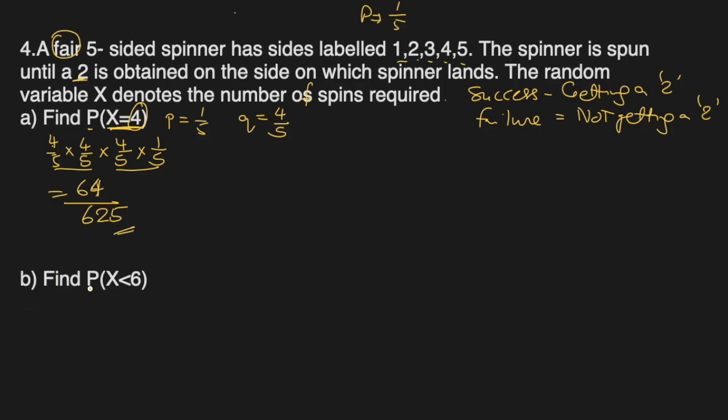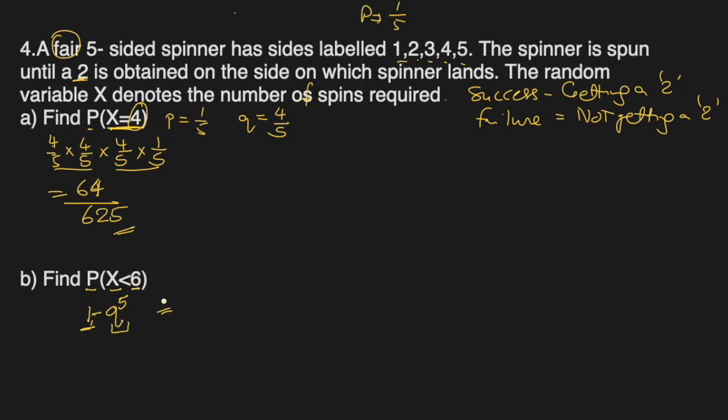Part B. Find probability that success is within first 5 attempts, because it's less than 6, not equal to. That means success is before the 6th attempt. But which attempt, we are not sure, right? But what we are sure, that we do not fail for consecutive 5 times. So we subtract it from 1, and failing all 5 times is q to the power 5.